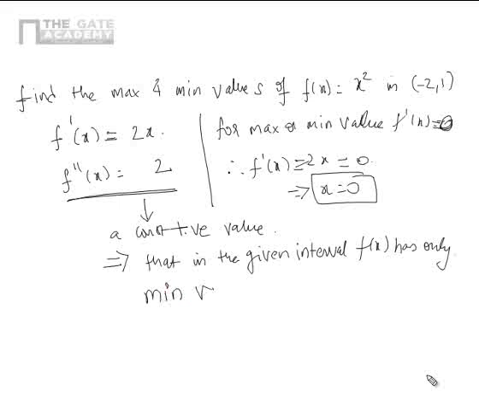Minimum value, and that is at x equal to 0. This is the solution. So there is no max value, only min value exists, that is at x equal to 0. Okay.